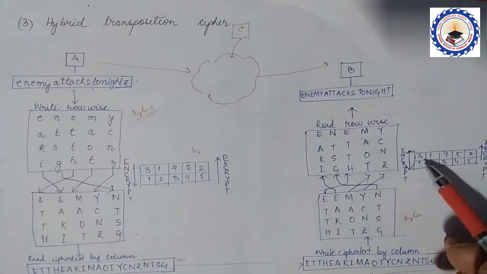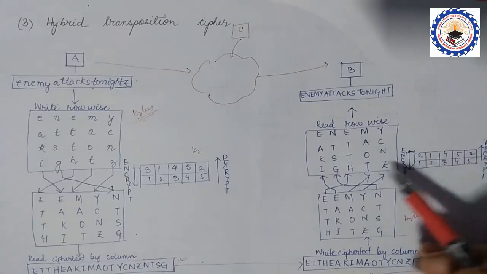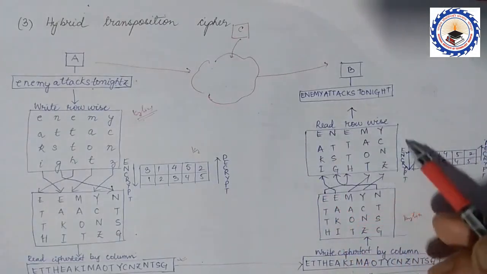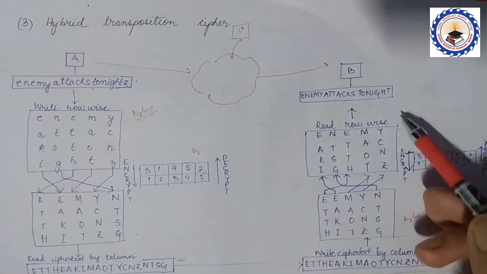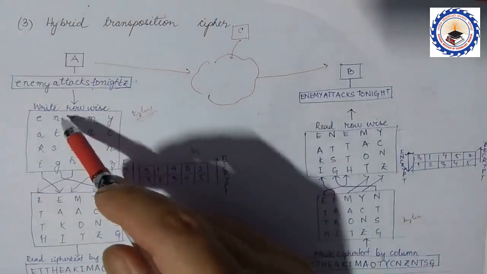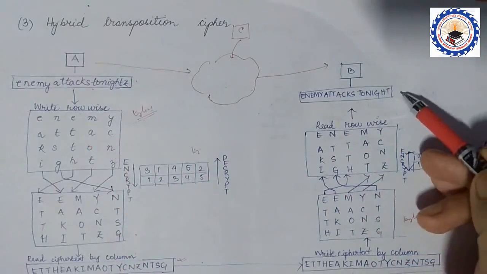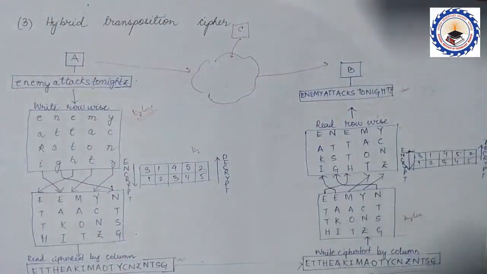Next, I use the reverse directions for the decryption part, and arrange them into this particular box. From this box I read them row wise, writing row wise and reading row wise. After that I get the particular plain text.